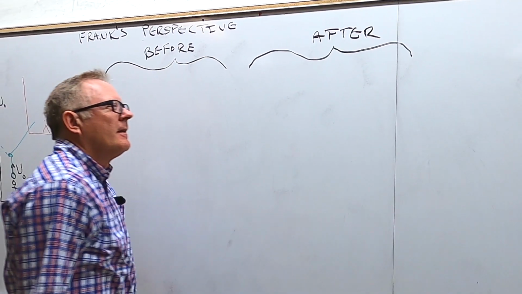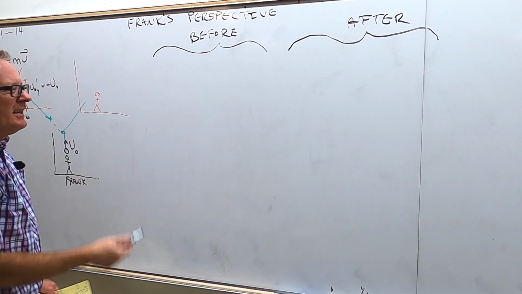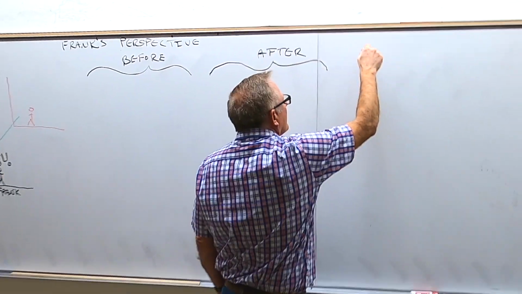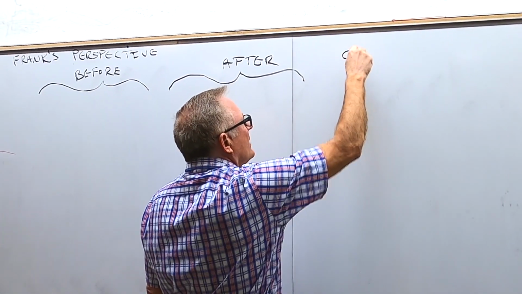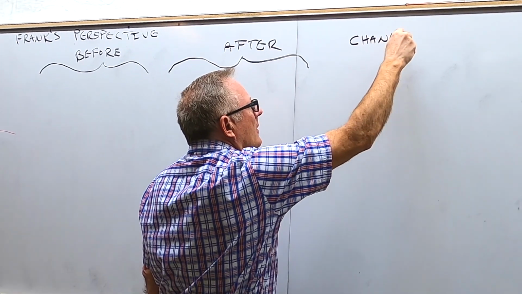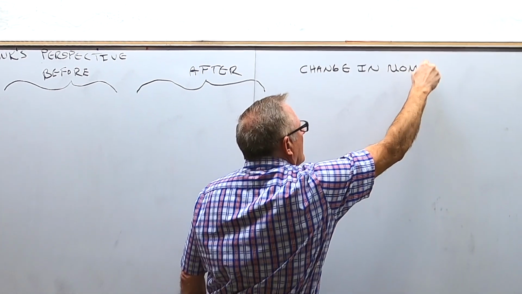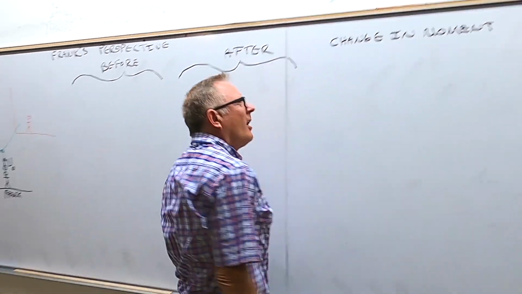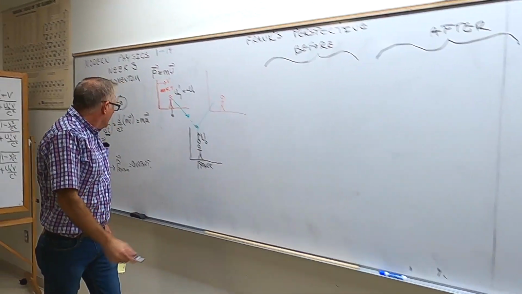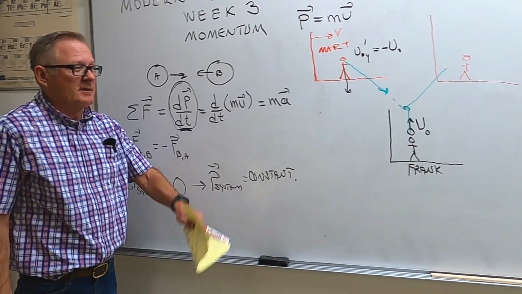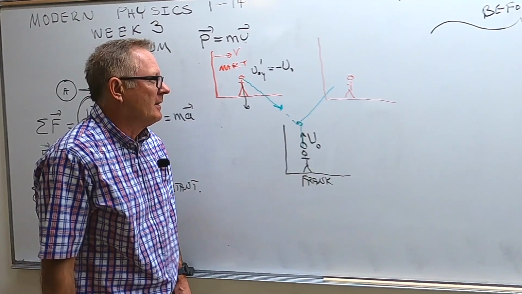And we want to get the change, because we want to see if the momentum changes or not. So over here, we'll call this the change in momentum. Because we know that for the entire system, it better not change. It's a constant, so there better not be any change.